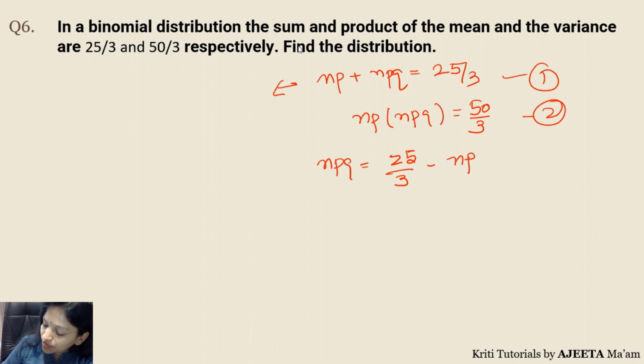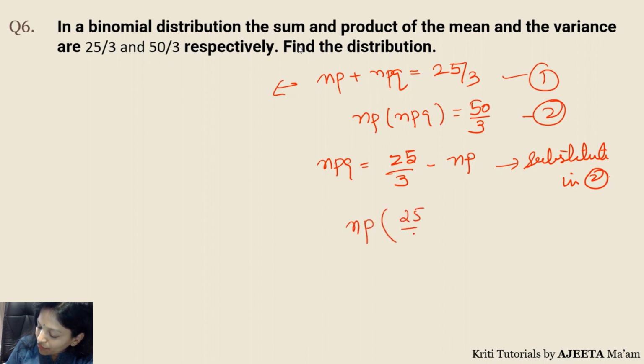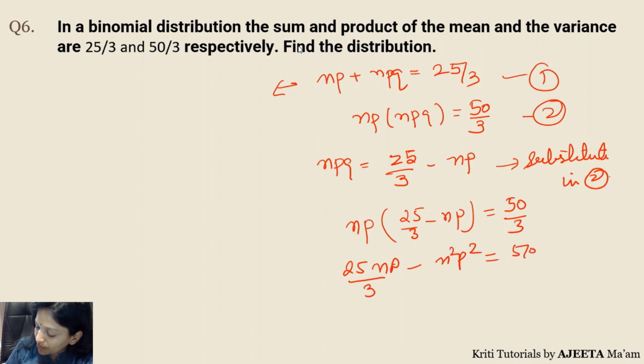Now let's substitute in equation 2. So NP times (25 by 3 minus NP) is equal to 50 by 3. So what will you get? 25 by 3 NP minus N square P square is equal to 50 by 3.